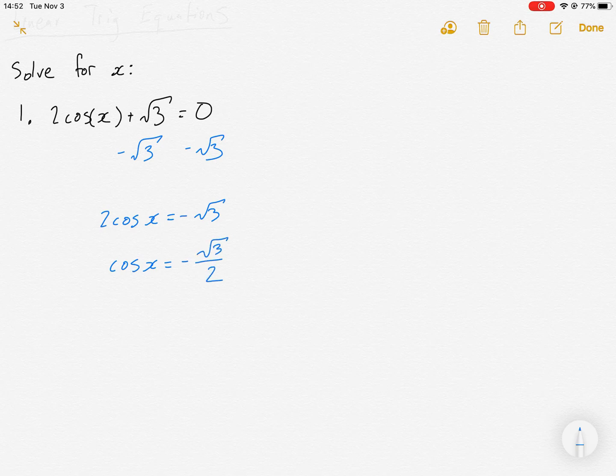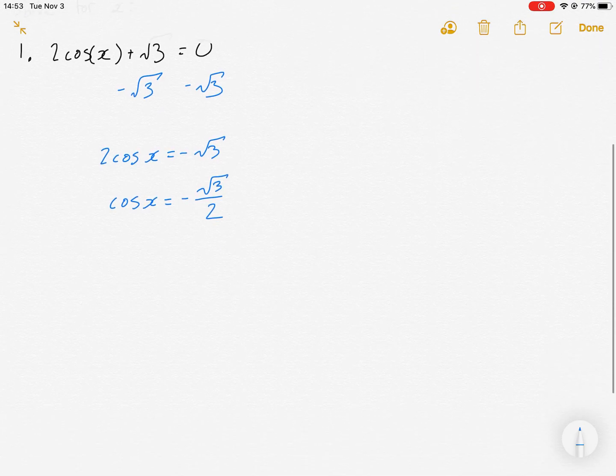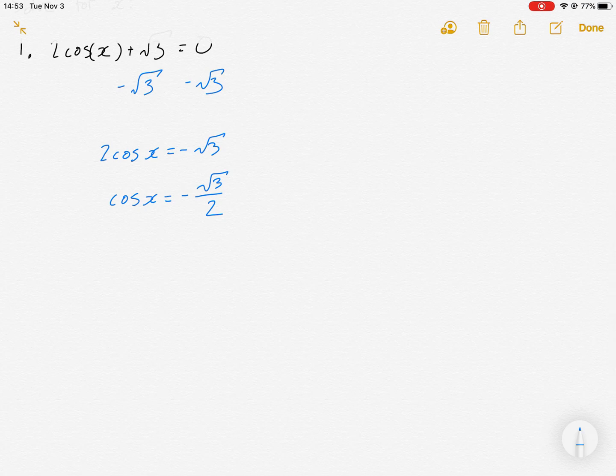Notice I'm dropping the parentheses on the x. It just kind of gets tedious to keep writing it over and over again. But notice it still is cosine of x. It's just implied. So at this point, you really need to use cosine inverse, although I believe this value is on the unit circle. We'll go ahead and use inverse just to get used to that.